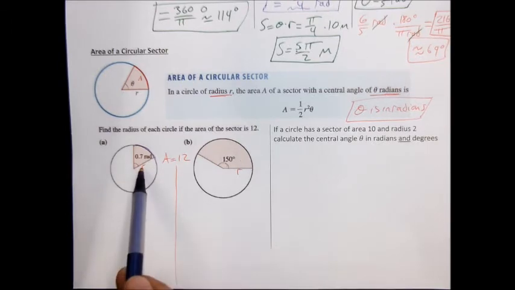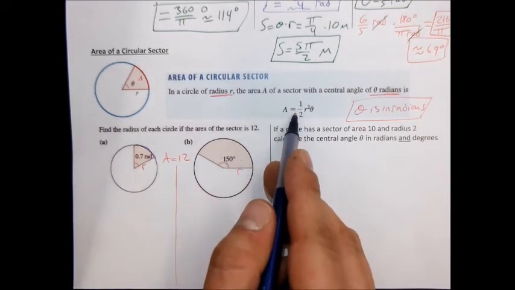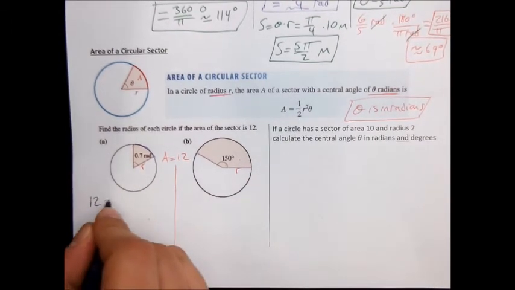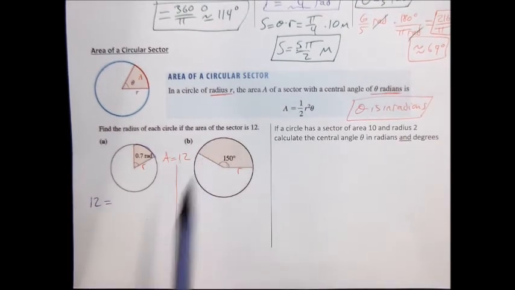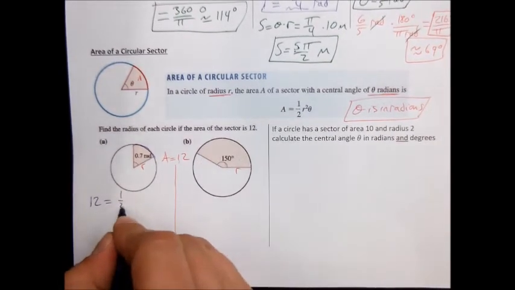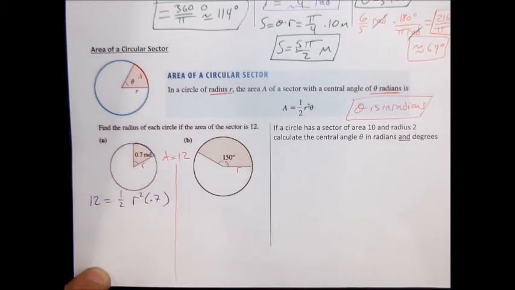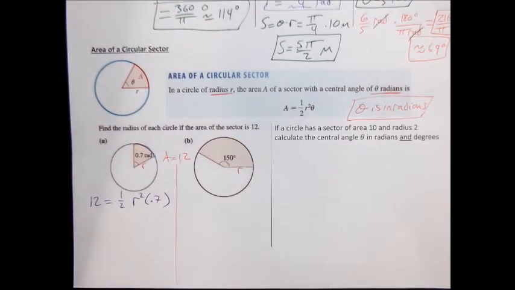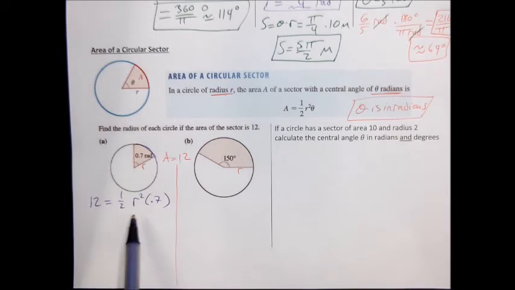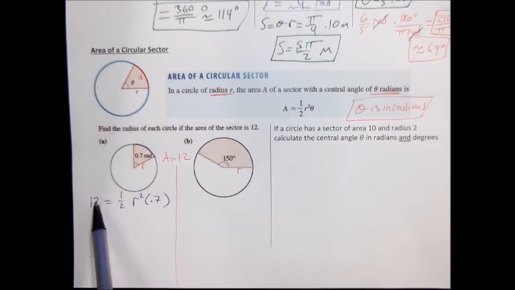So if we want to solve for r, we just plug it into this equation, and we have 12, because that's our area, equals 1/2 r squared times 0.7 radians. And we can just use the equation as is because we have a radian value. I'm just going to jump to the answer, but we multiply by 2 here, right?